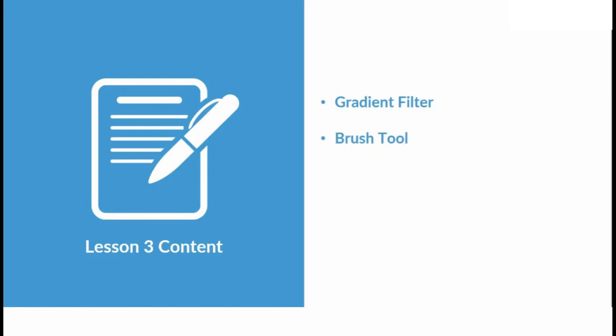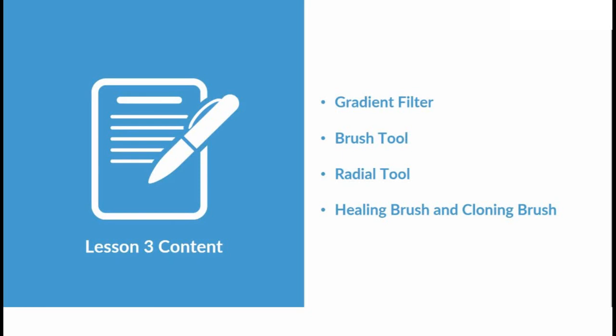We'll talk about the brush tool as well, perhaps the most versatile of these tools for working on specific areas. We'll use the radial tool for working on a portrait, and do a bit of retouching using the healing brush and the cloning brush towards the end of the lesson as well.